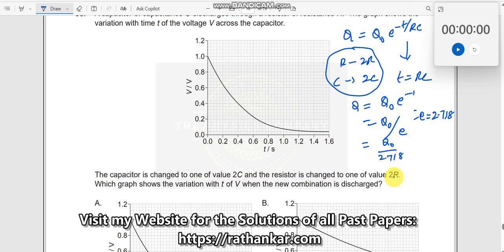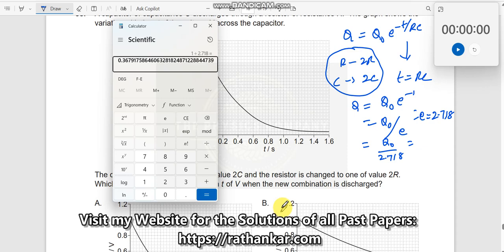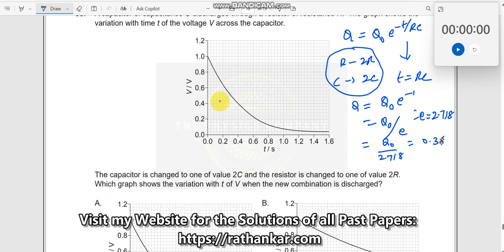What is that value? Let me take up my calculator, and I get 1 divided by 2.718 is nothing but 0.3679, which I'll take as 0.36 over here, times Q naught. This is what I get.